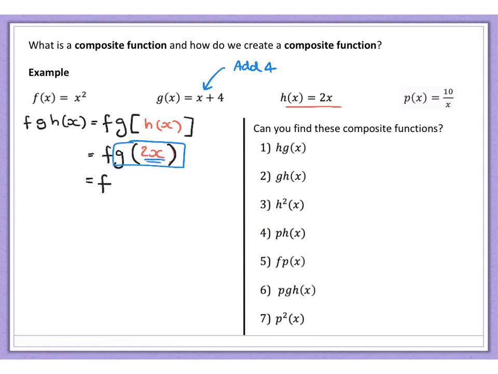Our input is 2x, so we get 2x plus 4. And then finally, we're applying f, which tells us we need to square whatever the input is. The input is, of course, 2x plus 4. So we have 2x plus 4 all squared, which if you want, you can expand, but there is actually no reason for us to do that.